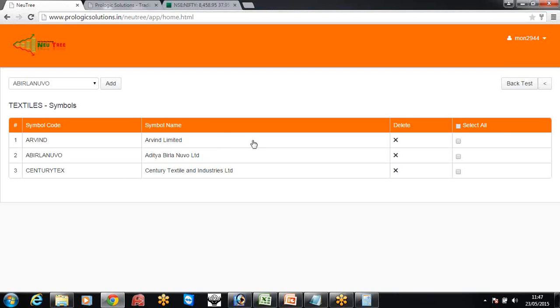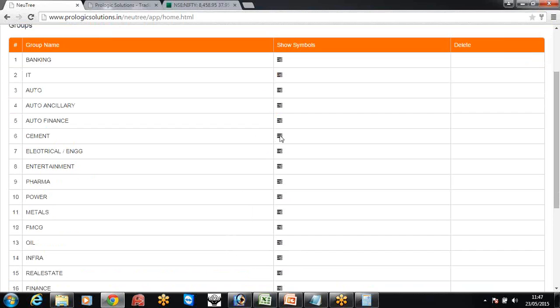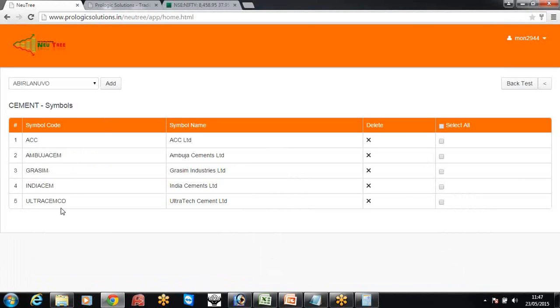You can do that. We have defined a strategy and we have defined the groups. Let me give you an example. Cement: I have ACC, Ambuja, Grasim, India Cements, Ultratech Cement.